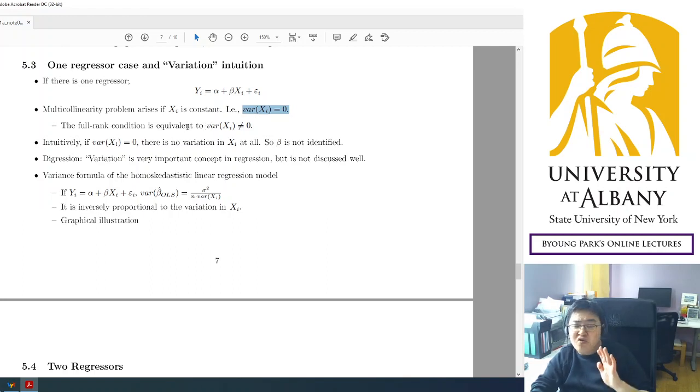Intuitively speaking, variance equal to 0 means that there is no variation. Simply, x is one point, another constant. So, of course, x itself does not vary at all. So beta is not identified. We would like to observe how much y changes when x changes. But if x does not change at all in your data set, then beta cannot be identified, right?